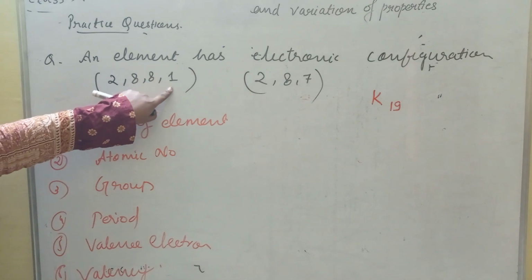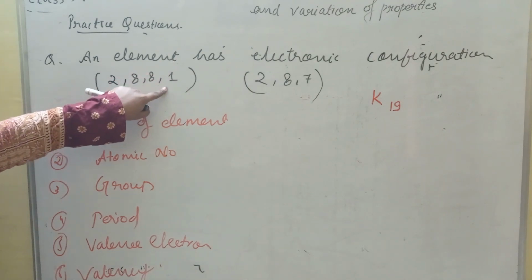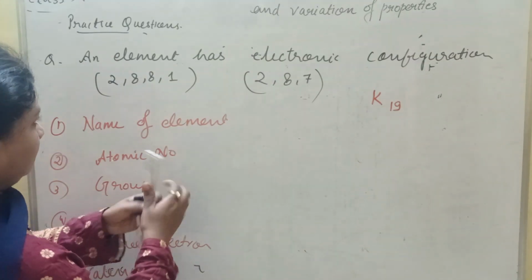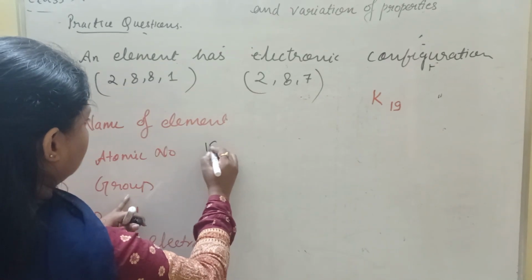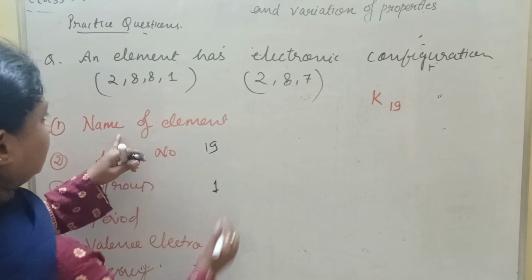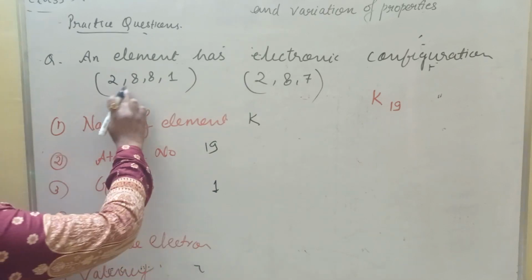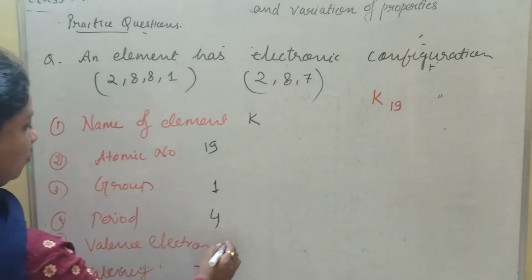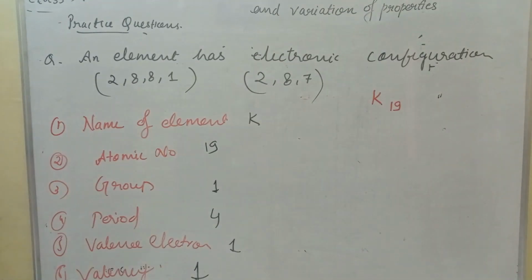And from the configuration of the last electron, you can see that it is 1, so definitely it will belong to group 1. Atomic number we have already seen, it is 19. Element is potassium. Group number is 1. Period is the number of shells, 4 in this case. So period is 4. Valence electron is 1 and valency is also 1. So this is how you have to solve this type of question.